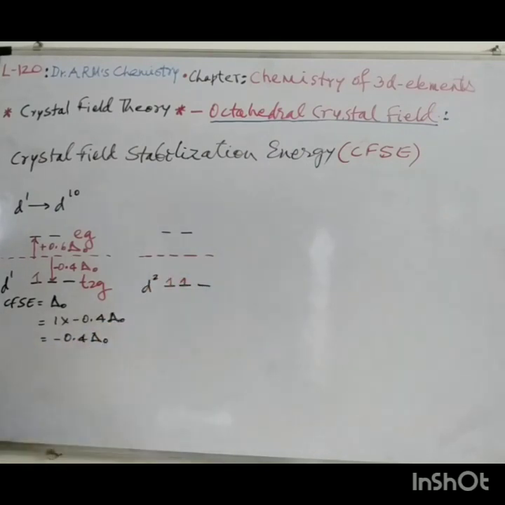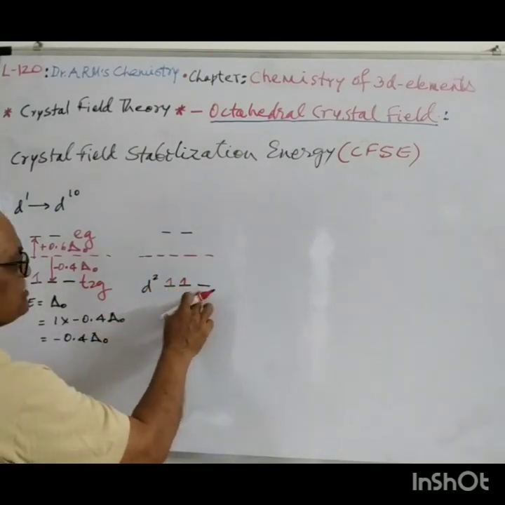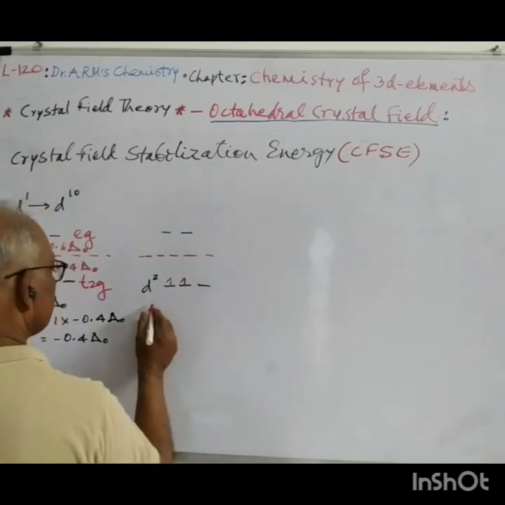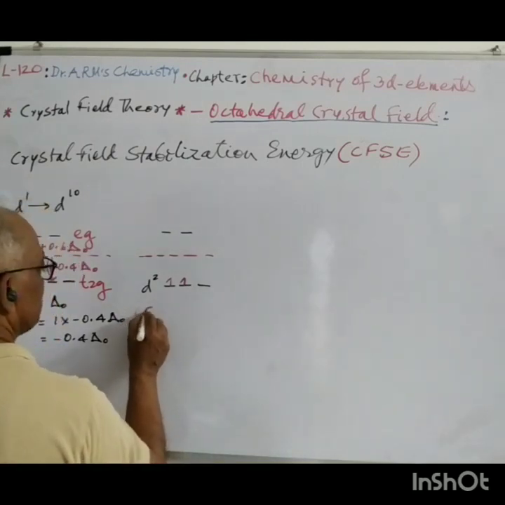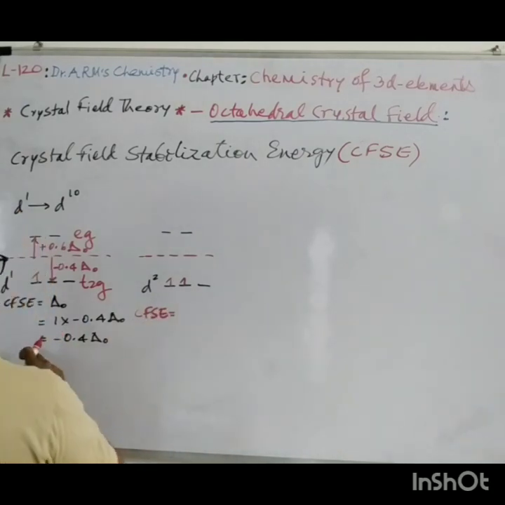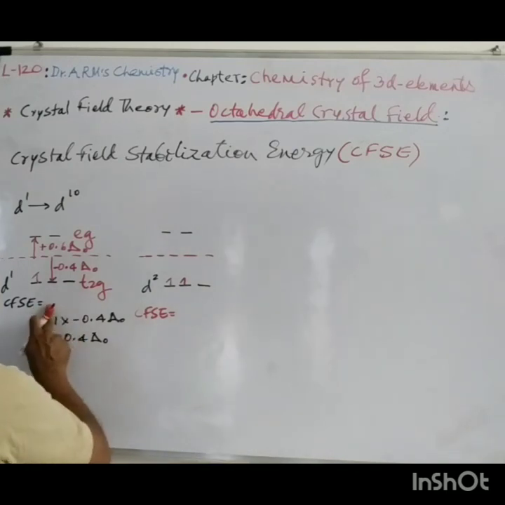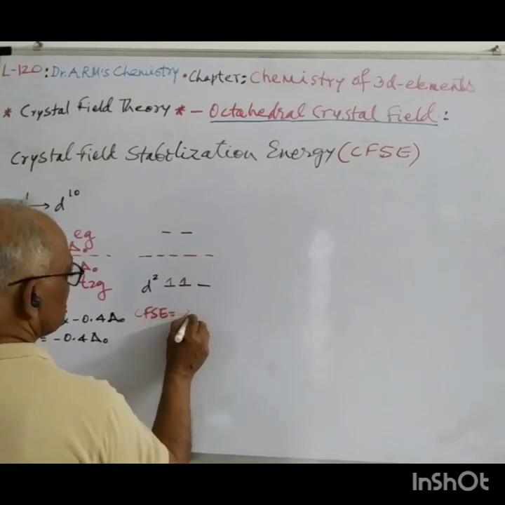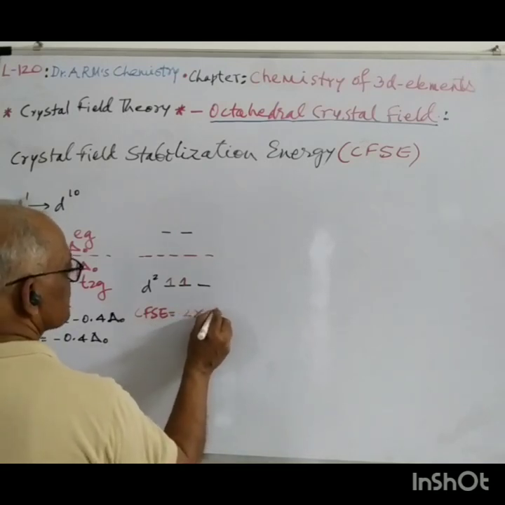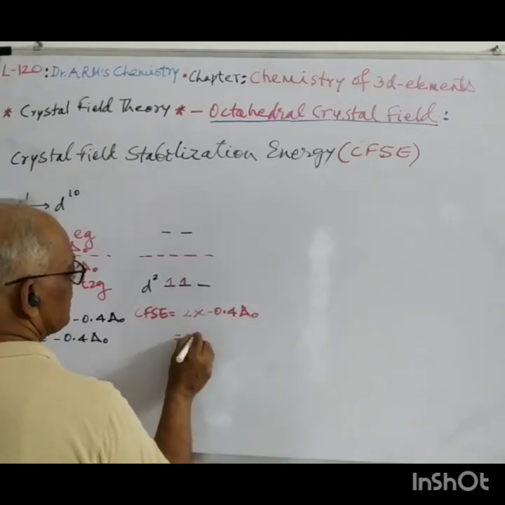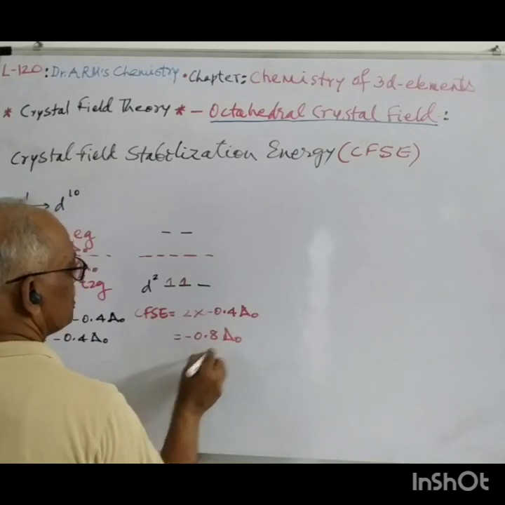These 2 electrons, when moving into the lower energy t2g orbitals, will lower the energy of the complex. So we get the CFSE, crystal field stabilization energy, equal to 2 into minus 0.4 delta O, which gives us minus 0.8 delta O.